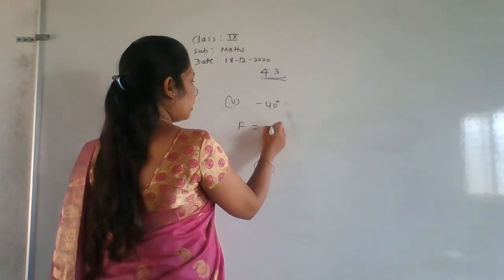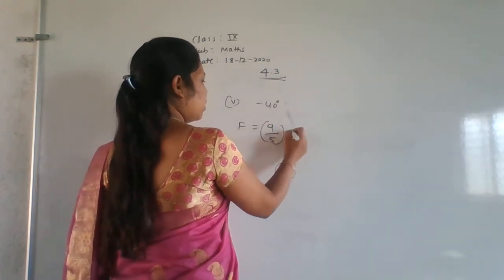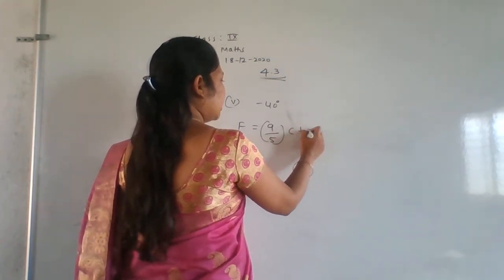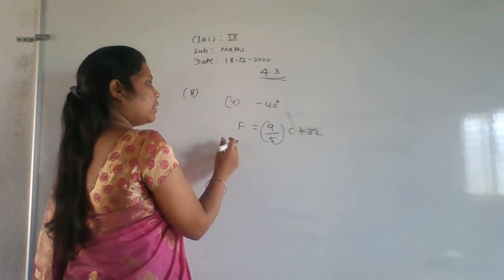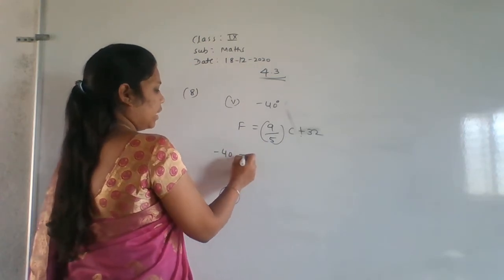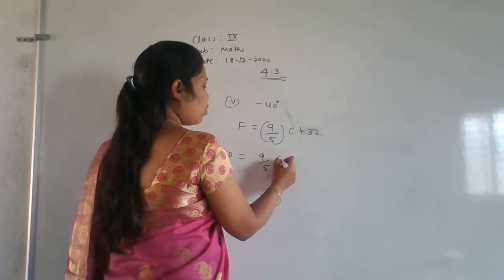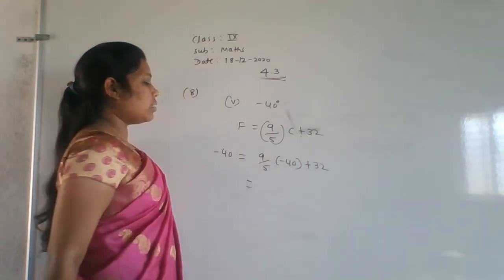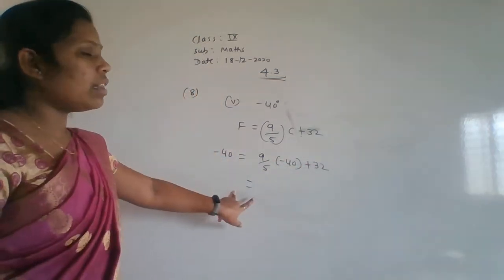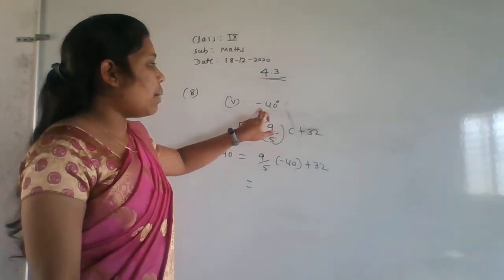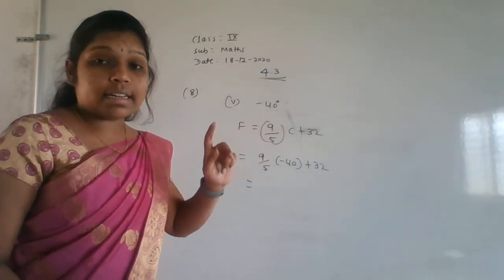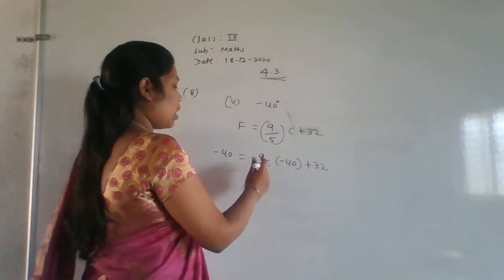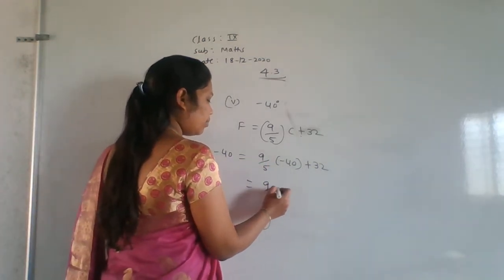We know the formula F is equal to 9 by 5 C plus 32. So Fahrenheit is minus 40 degrees and Celsius is also minus 40 degrees, plus 32. We want the answer as minus 40 only. If both are equal, then only we can say at this temperature Fahrenheit and Celsius both have the same values. So now do the simplification.